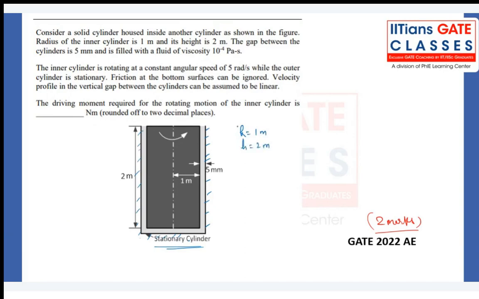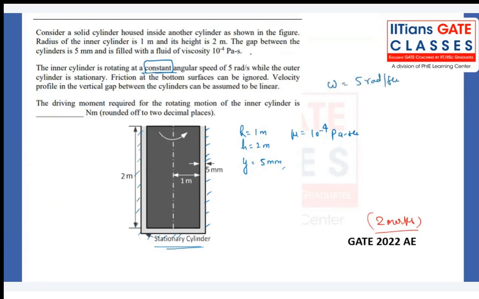The gap they have given as 5 mm, filled with a fluid of viscosity 10 to the power minus 4 Pascal second, right? The inner cylinder is rotating at a constant angular speed omega, that is 5 radian per second.